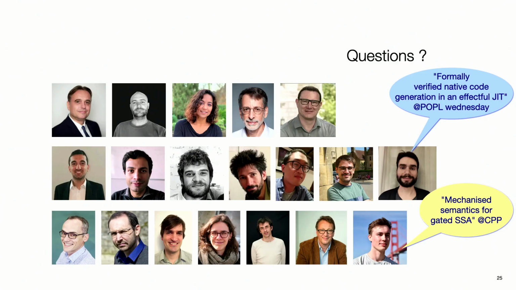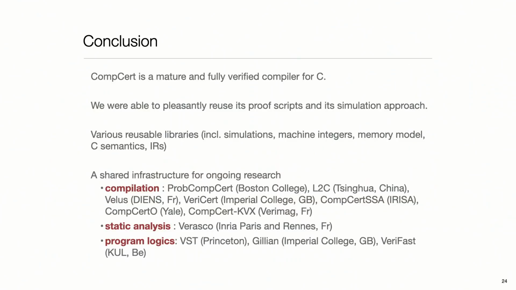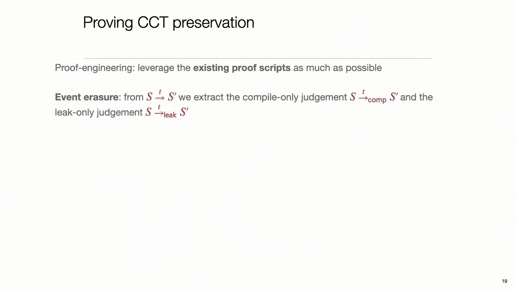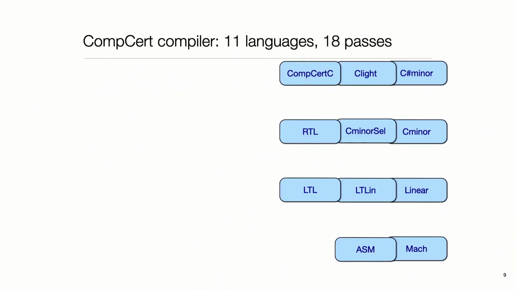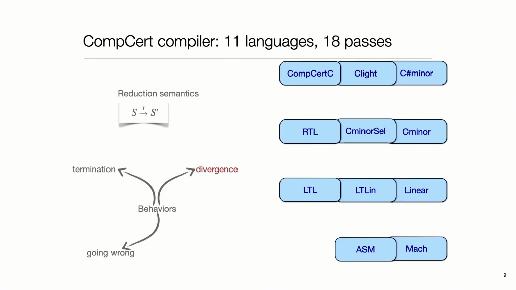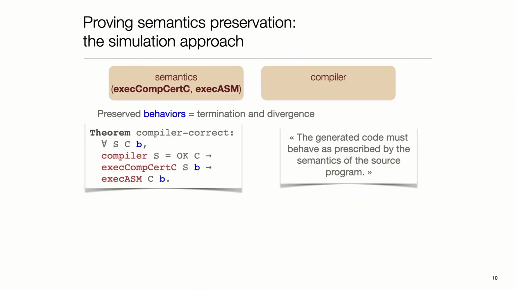Can you go to slide 10, I think? The one where you have the correctness theorem, I think it's one later. This one? Yes. I'm a bit surprised about the order of the implication in this theorem.